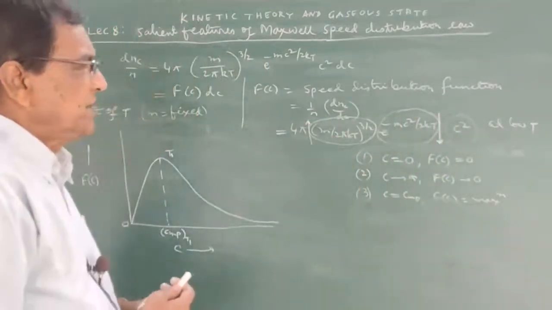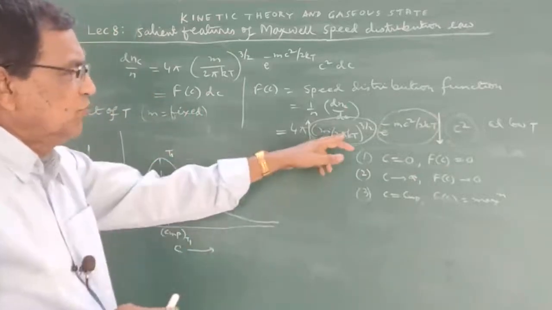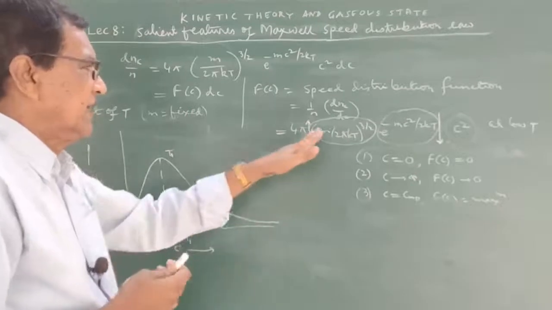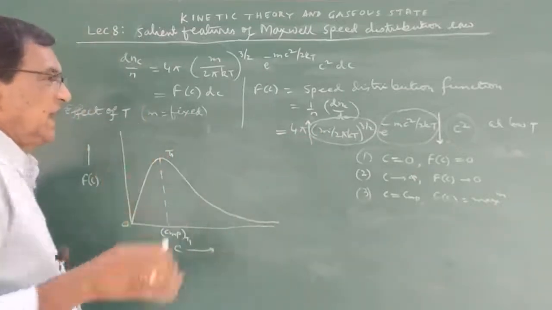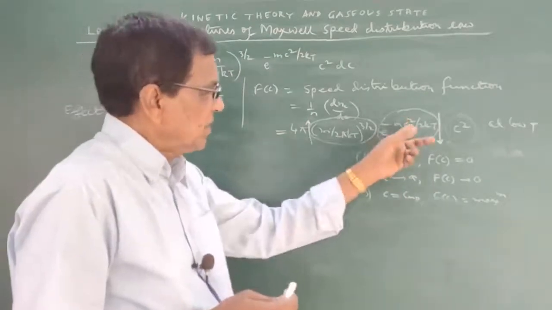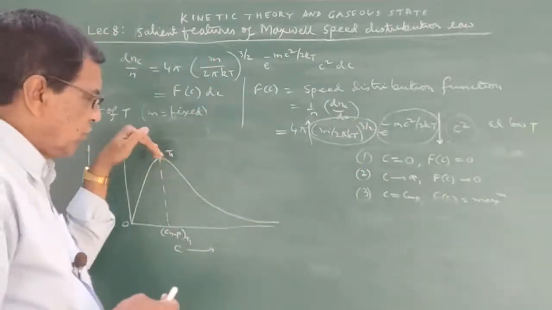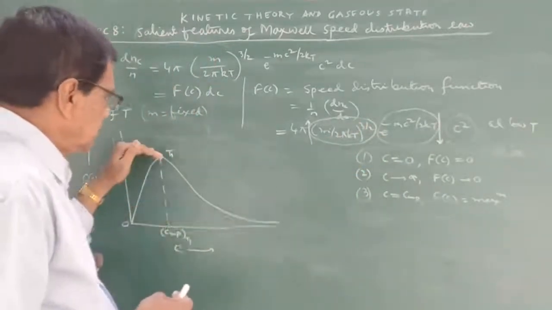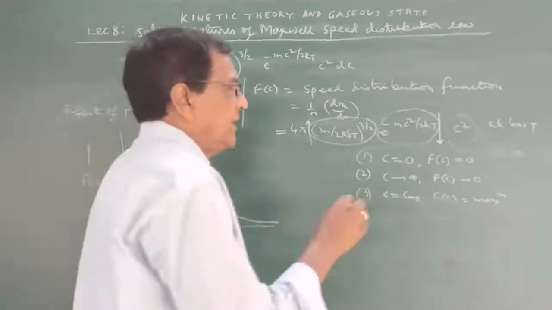So at lower temperature T1, this term will dominate, and the curve will increase very rapidly, and then due to the presence of c square, this term comes down, and the curve falls from this maximum value to an asymptotic one.